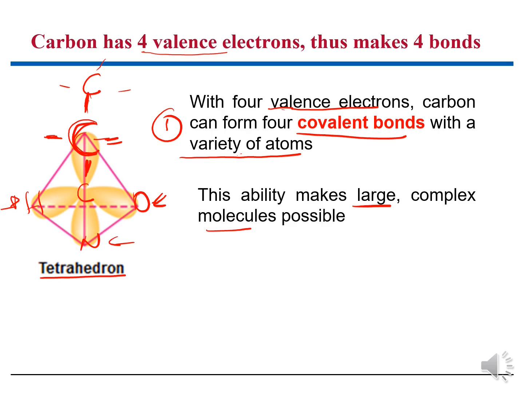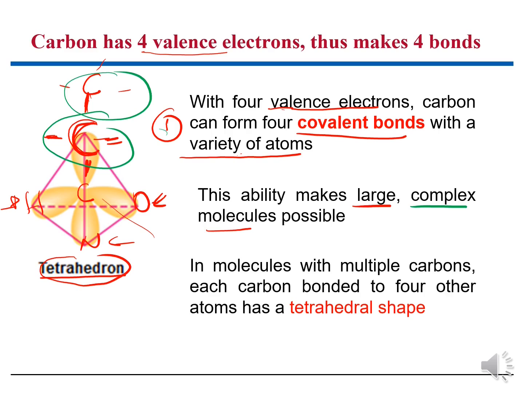So here we went from a tetrahedron, and here you can create another tetrahedron. Let's put it in green. And another tetrahedron joined together. So you can create more and more complex molecules if you want. And this is the second thing.